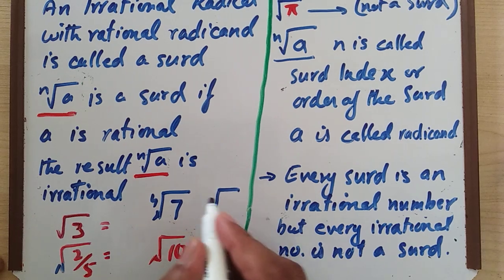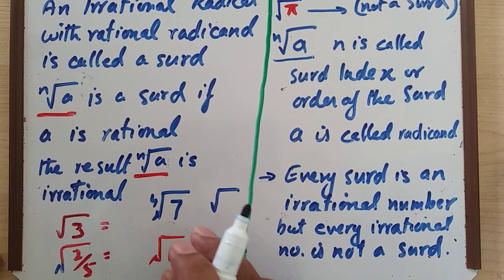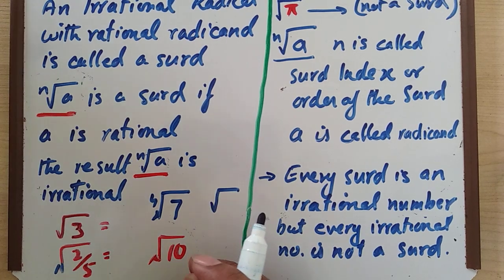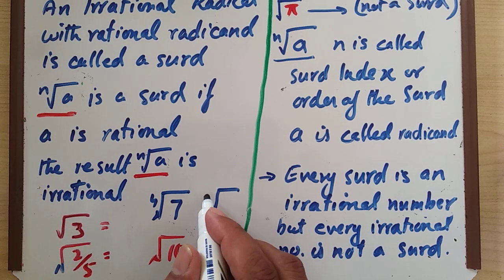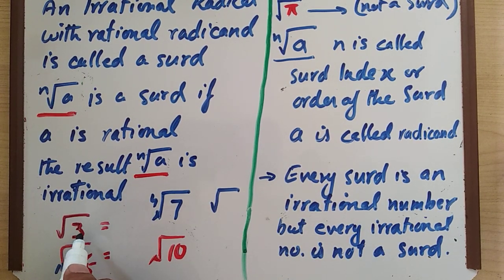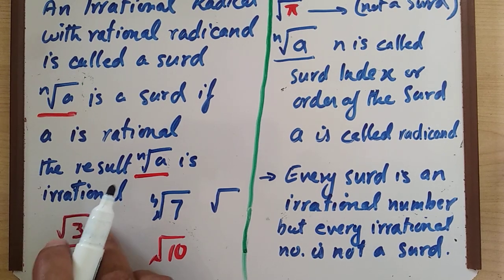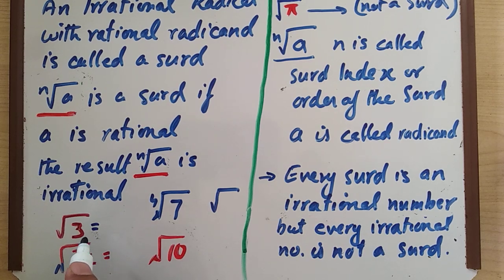If there is a number other than 2, then we are supposed to mention the value over here. So the square root of 3, when you calculate using a calculator, will give you an irrational number.